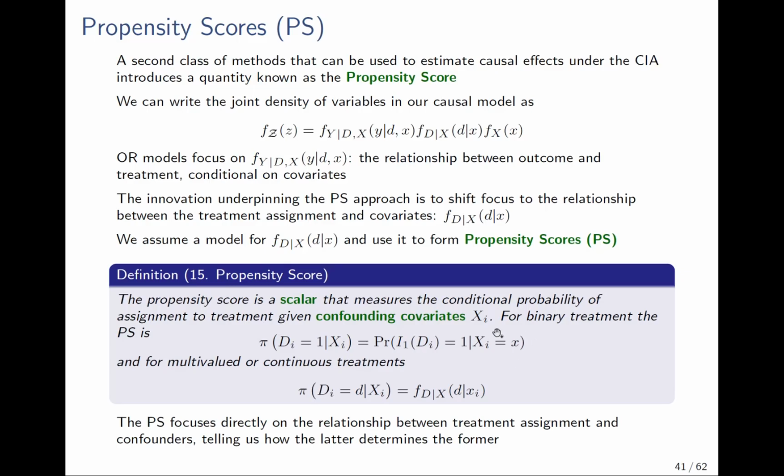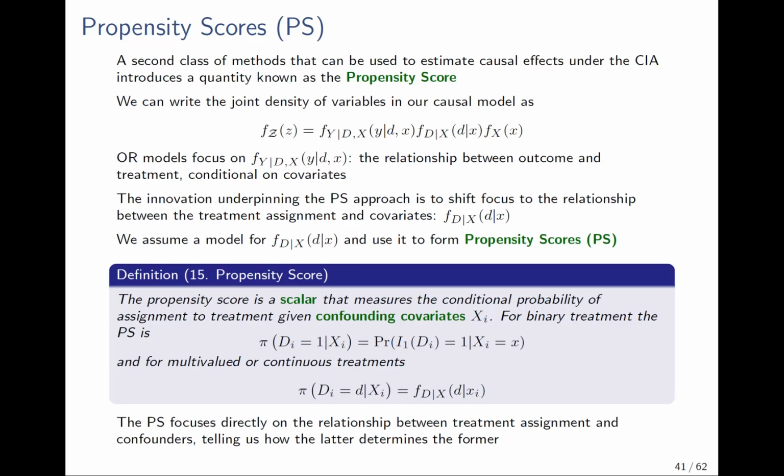And for multivalued continuous treatments, again denoted by pi, but in this case for d equals small d, it's the probability of being assigned dose d given the vector of confounding covariates that unit i has. So the propensity score, or the PS, is focusing directly on the relationship between treatment assignment and covariates, telling us how the latter, the confounders, determine the former, the treatment assignment.